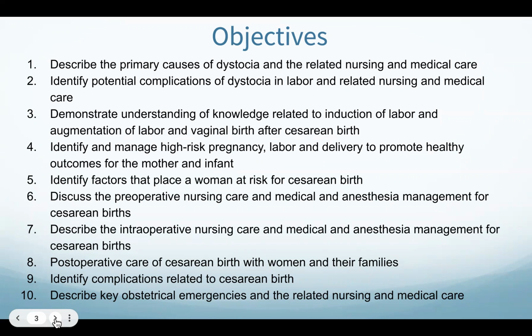We're going to talk about preoperative nursing care and management for cesarean birth, intraoperative nursing care, postoperative care of cesarean birth, complications related to cesarean birth, and some key obstetrical emergencies and the related nursing care.